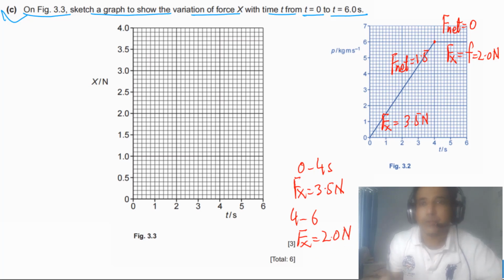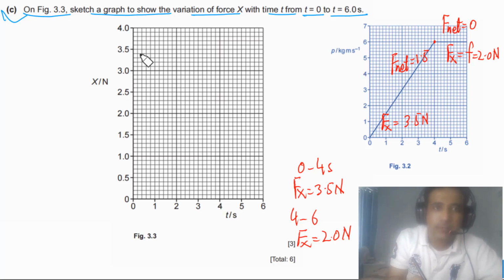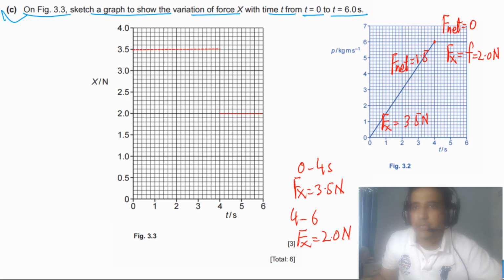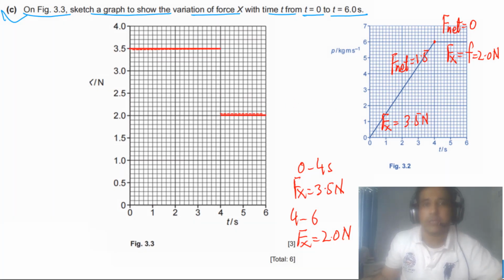That's all. So now we need to sketch the graph. Between 0 and 4 seconds the value of X is 3.5 newtons, so we can draw a horizontal line, and between 4 and 6 seconds the value of X is 2 newtons. So this is how you can sketch the graph. Let me show you the clear one. So this is how you can sketch.